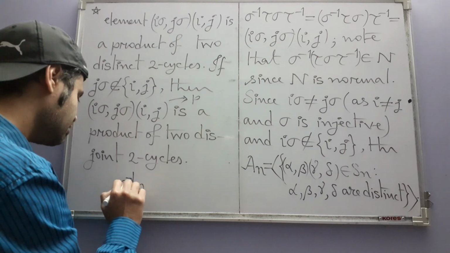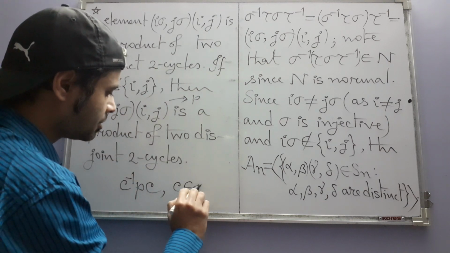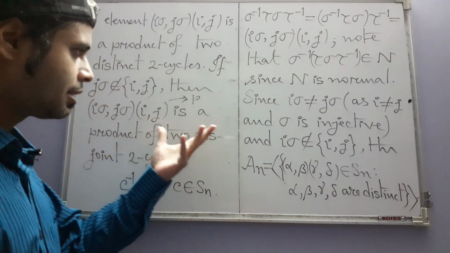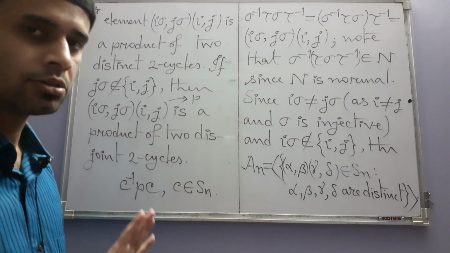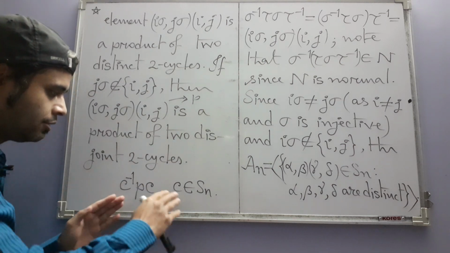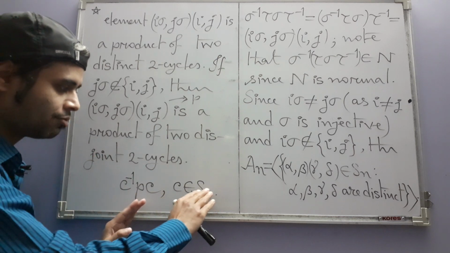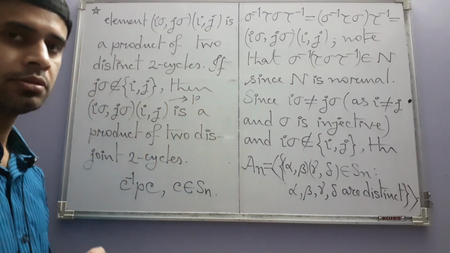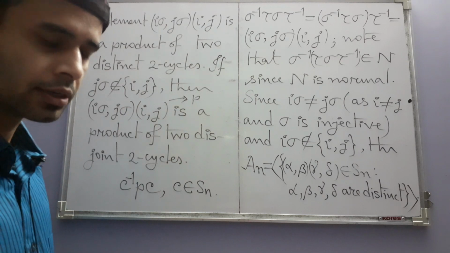Say let me take C itself, where C is coming from Sn. In other words, all the permutations which are products of two disjoint two cycles, each one of them, they look like this. And when you look at all such elements which have this structure where C is varying over Sn freely, you actually are getting all those permutations where each one of them looks like this, a product of two disjoint two cycles.